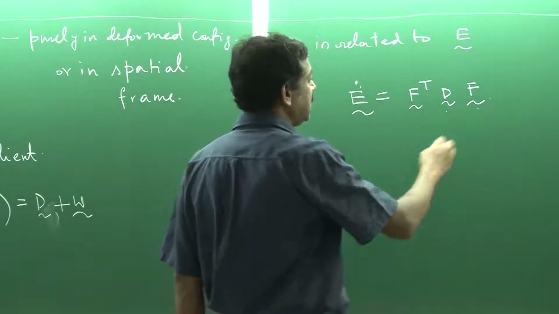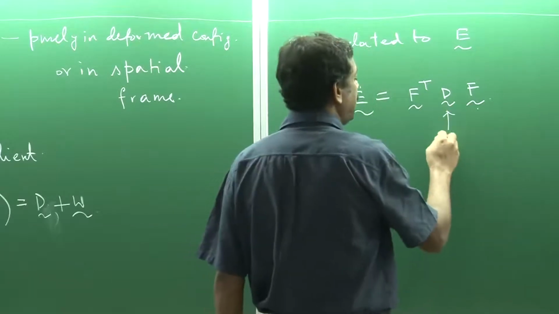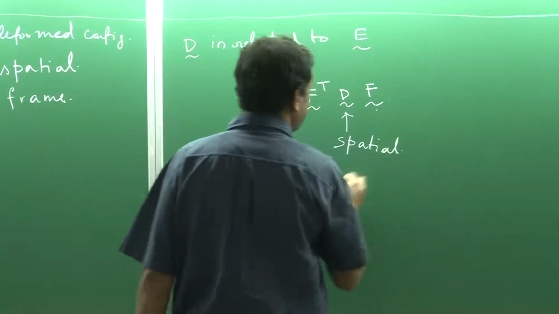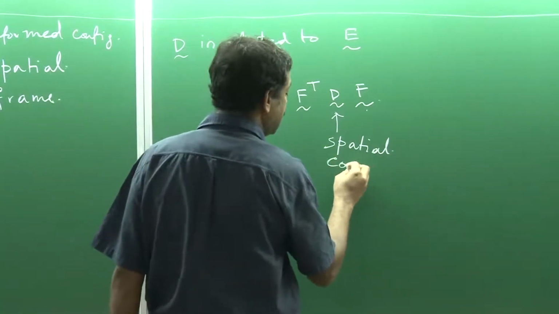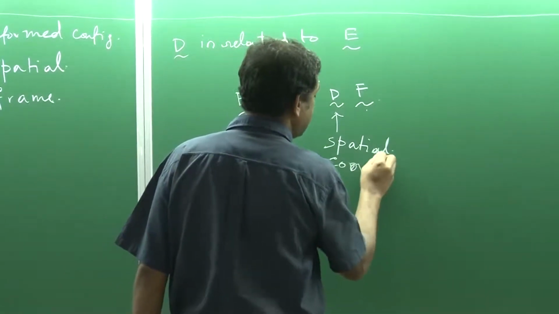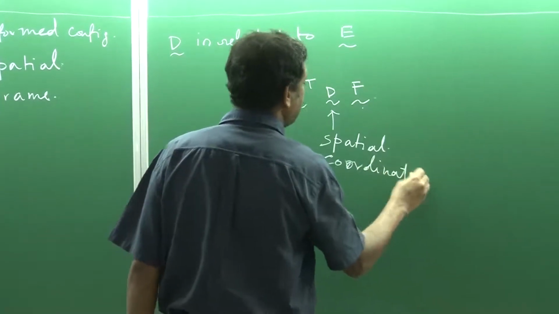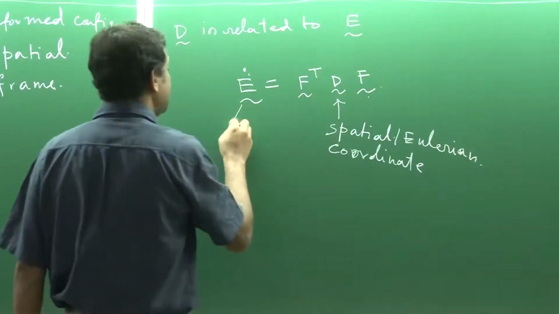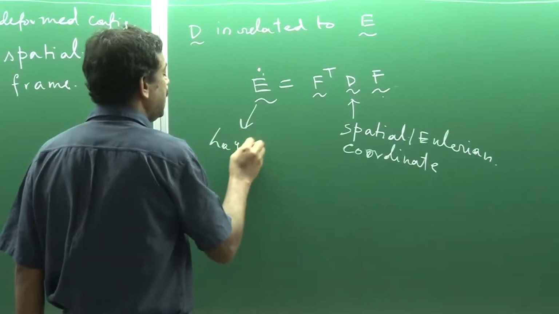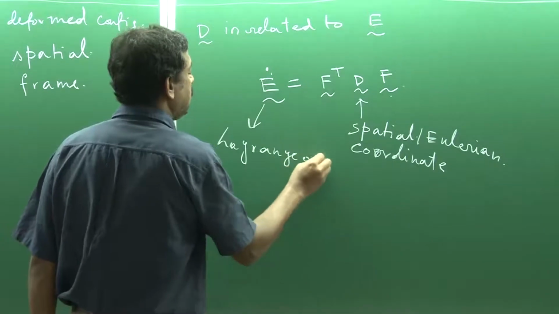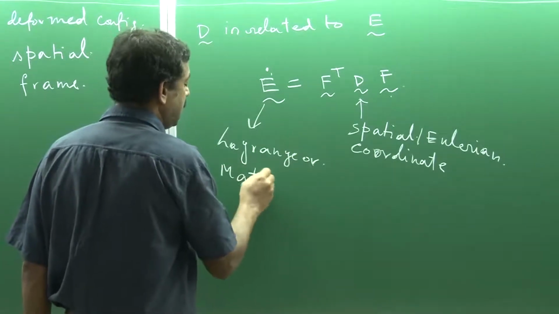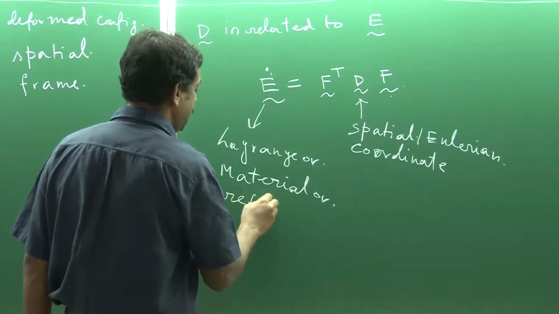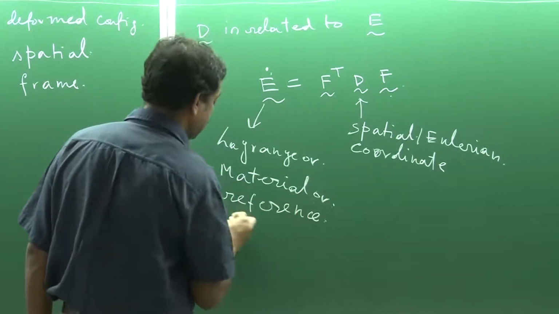Okay. So, this D is in the deformed, or spatial, Eulerian coordinate system, whereas this E dot is in the Lagrangian, material or reference coordinate system.